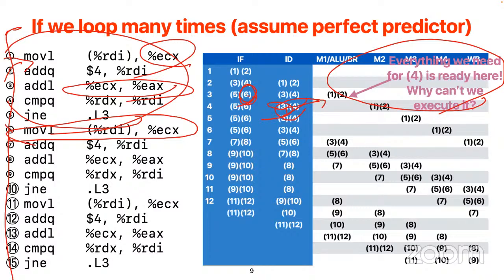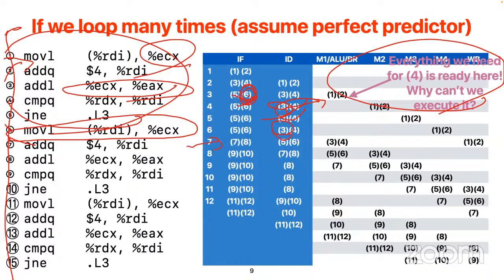So even though at this moment I can fetch 6, I still have issues fetching 7 and 8, even with a very good branch predictor. Everyone is stuck here until instruction 3 resolves its data hazard with instruction 1, and then we can start making some progress.